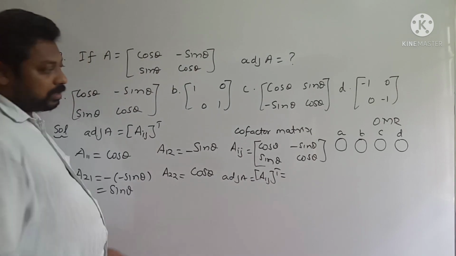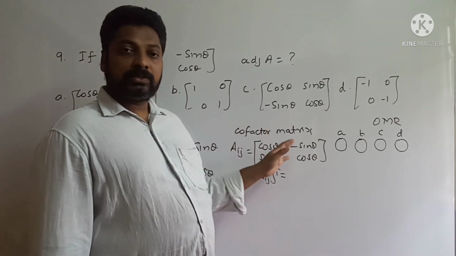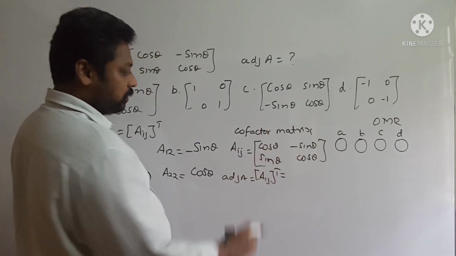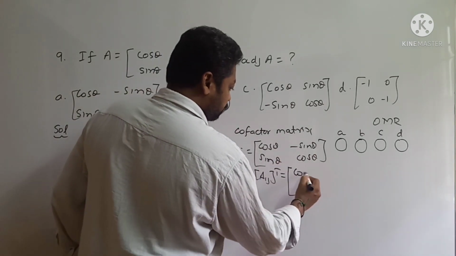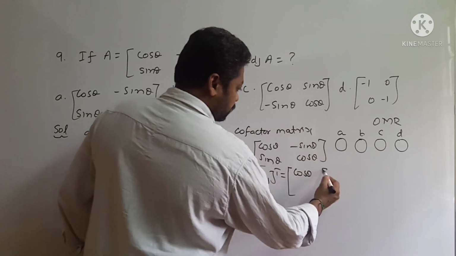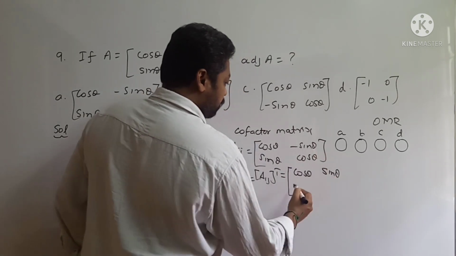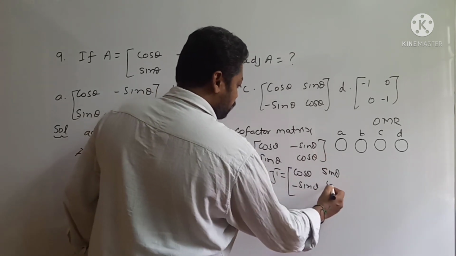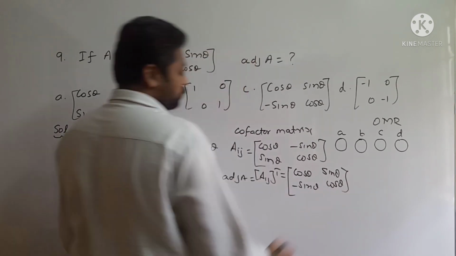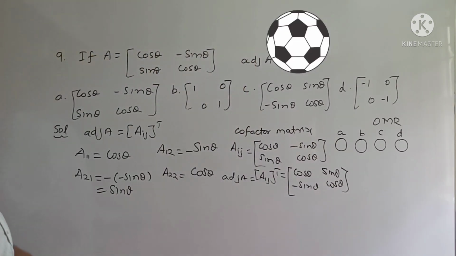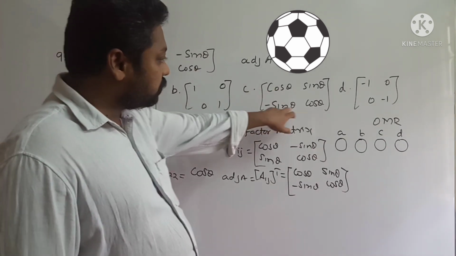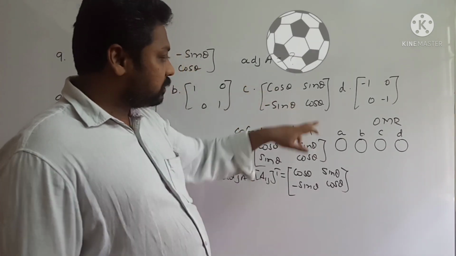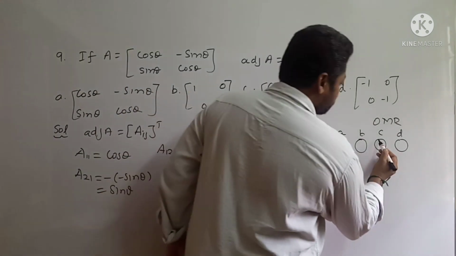Transpose is nothing but changing the rows into columns and vice versa. So cos theta, this element goes here, sin theta, and minus sin theta, cos theta. Which option suits? Cos theta, sin theta, minus sin theta, cos theta. So option C is correct. You can shade it in the OMR sheet.